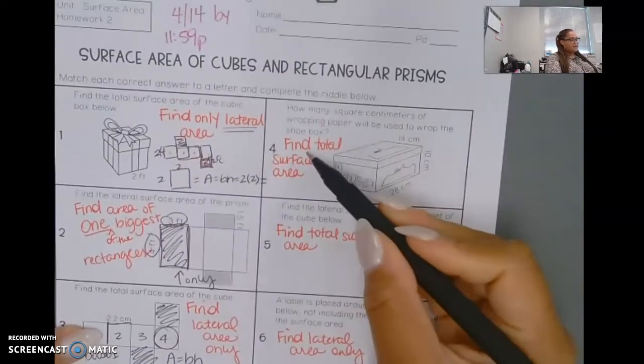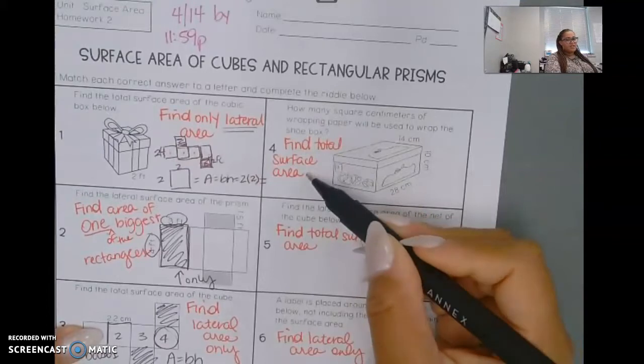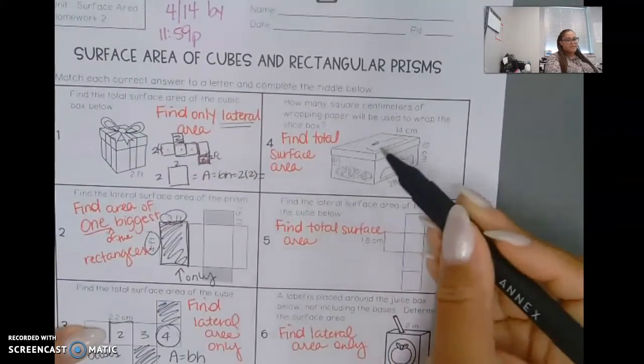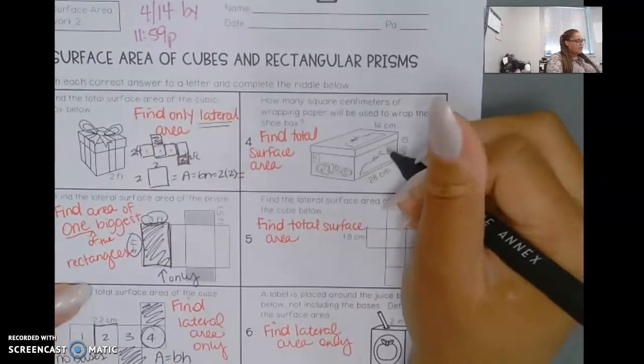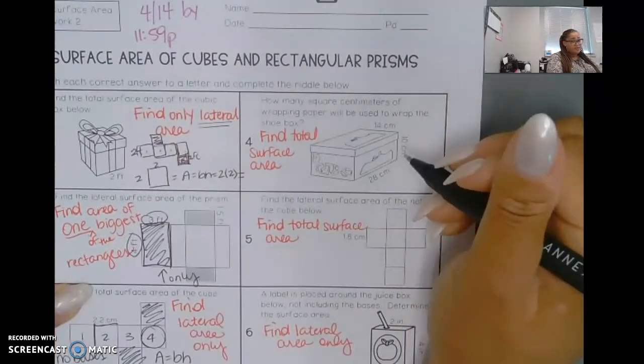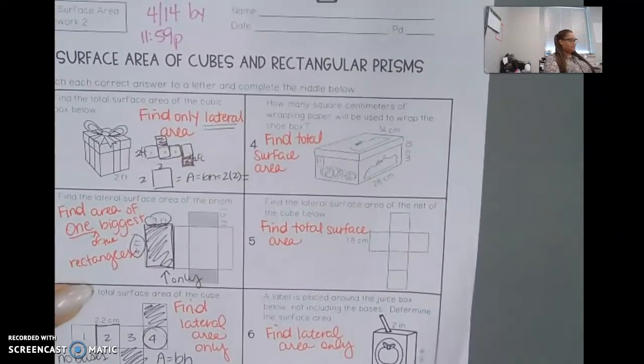For number 4, it says find total surface area. So I want all of the faces and the bases. I'm going to draw these 3 rectangles like I should have demonstrated in class, on a sticky note.